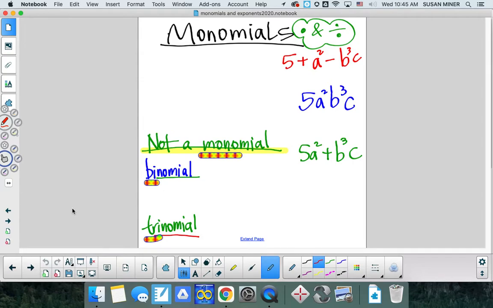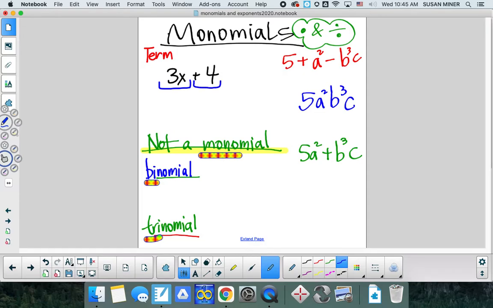A monomial, what is it? Well, remember back at the very beginning of the year when we were talking about expressions and equations, and we used the word term. I said when I had an expression like 3x plus 4, then this had two terms in it, where this is my first term in my expression, and this was my second term.